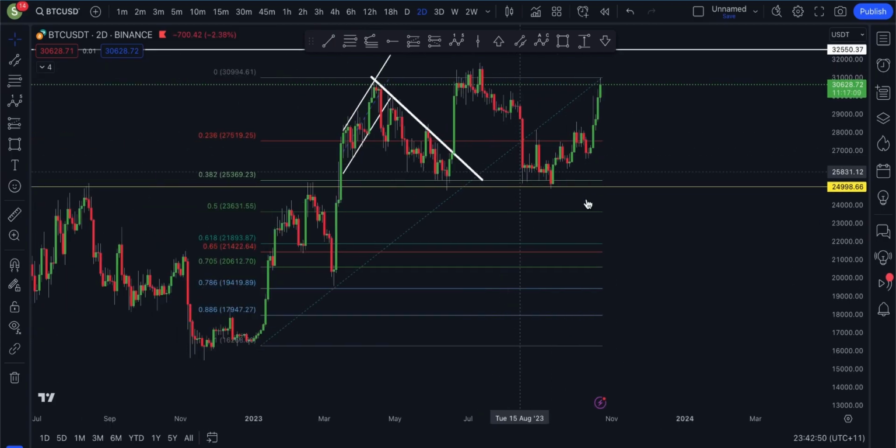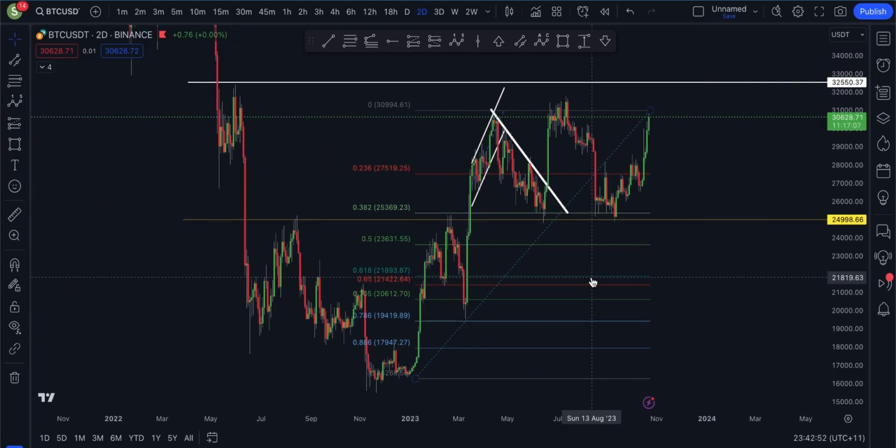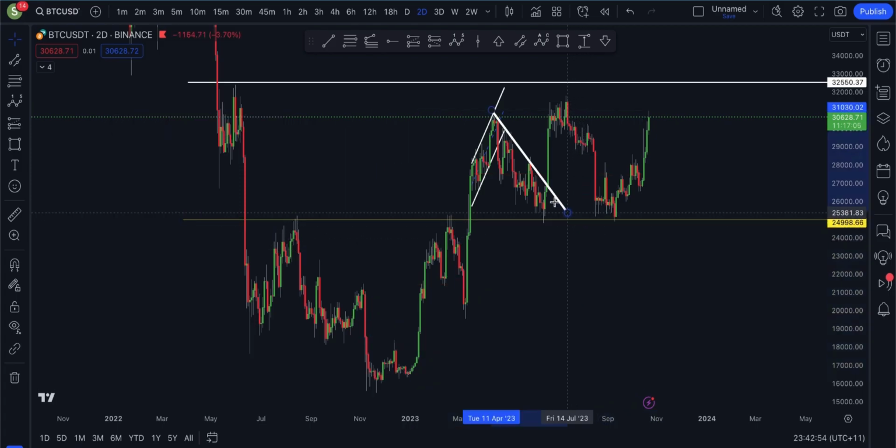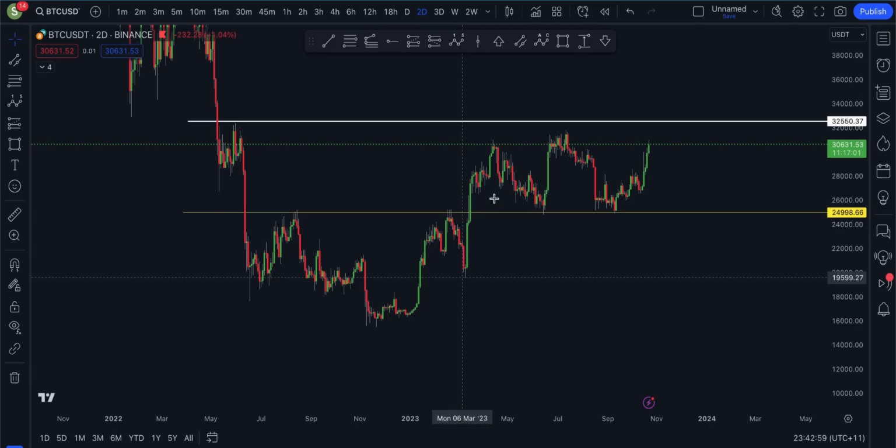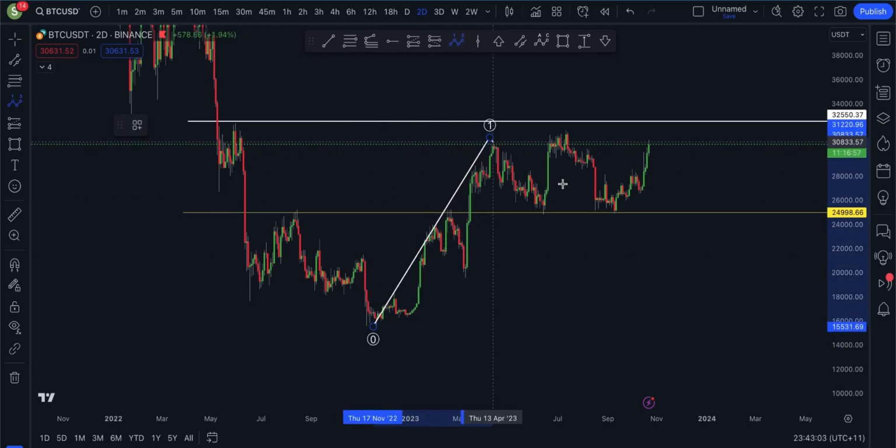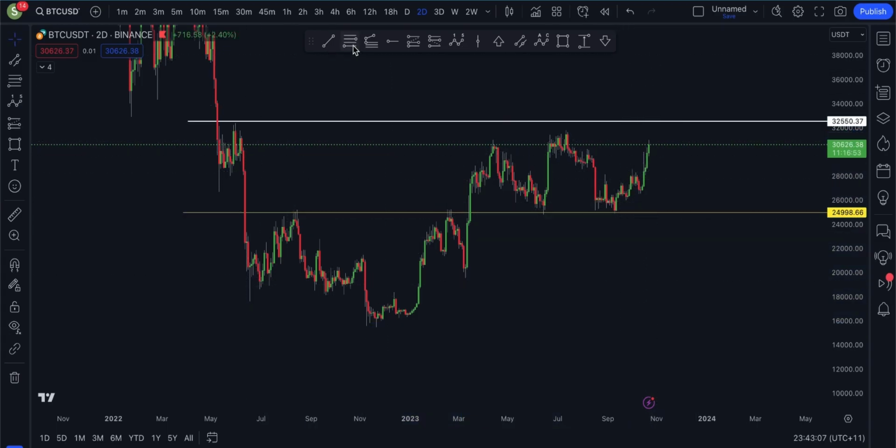Okay. And let's just say the entire structure was finished and this was 1, 2, 3, 4 and a 5, and this kind of looks like this to you. Okay, let me tell you one thing.